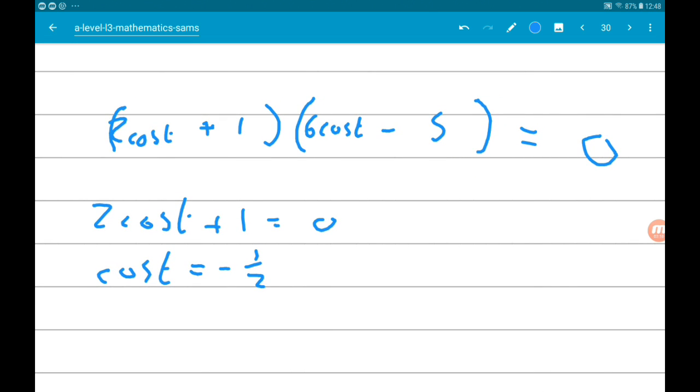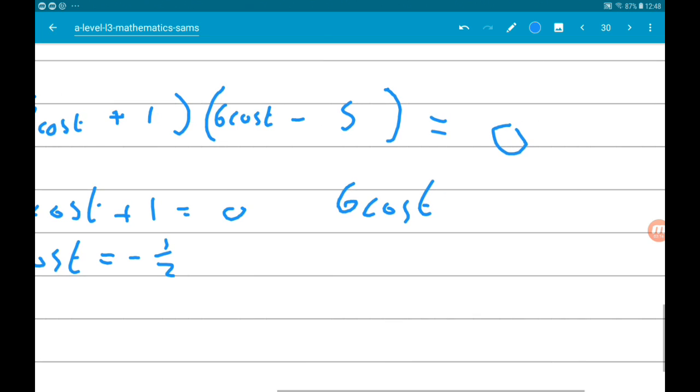What we are interested in is that 6 cos t minus 5 is equal to 0. That leads us to cos of t is equal to 5/6.